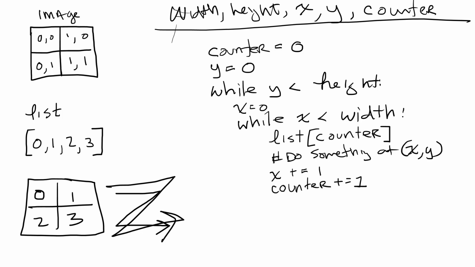So what this means is every time we touch a pixel, and we're always at a specific pixel in this code block, we increment the counter by 1 when we're done. Outside of this code block, all we're doing is incrementing y. Y plus equals 1. We're not incrementing counter because, again, we only want to increment counter at a specific x, y value.